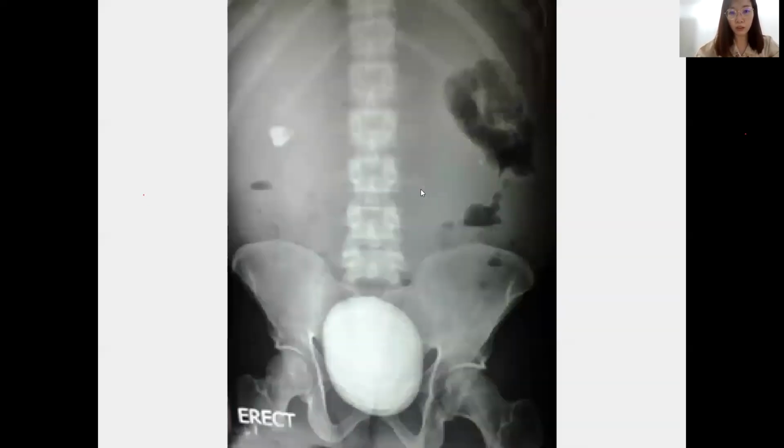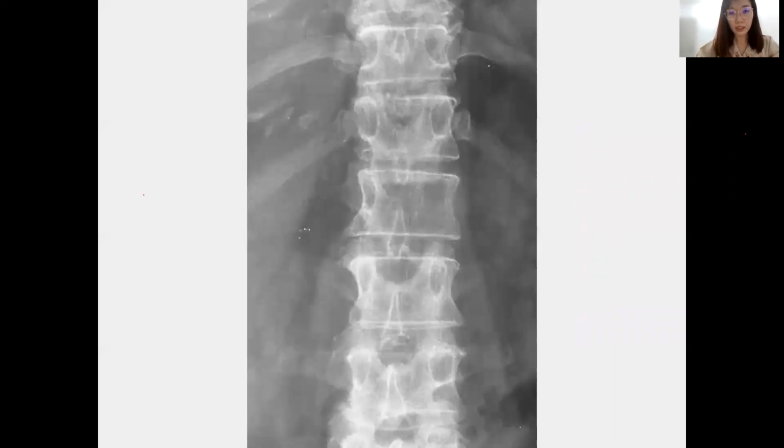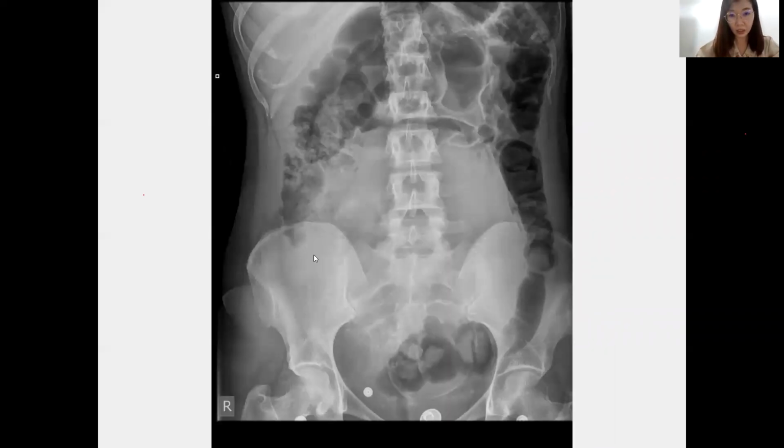But look at this X-ray: centrally there's no bowel at all, and everything is displaced. There's a gravid uterus at the center of the abdomen with the baby's spine. It's quite big already, third trimester maybe.